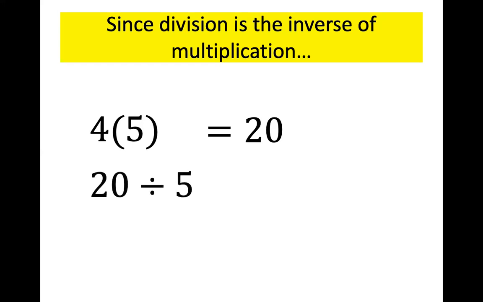So if multiplication and division are related, it's because division is the inverse. So if I go in the inverse, I say 20 divided by 5 is what times 5 is 20. That would be the inverse. Boy, I messed that one up. Okay. What times 5 is 20? That's 4. It's the same process, just the inverse.